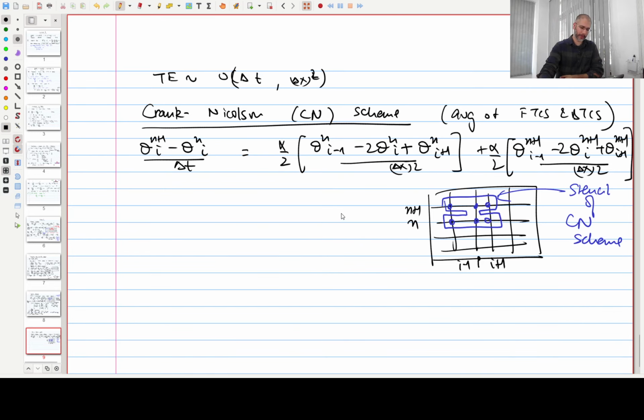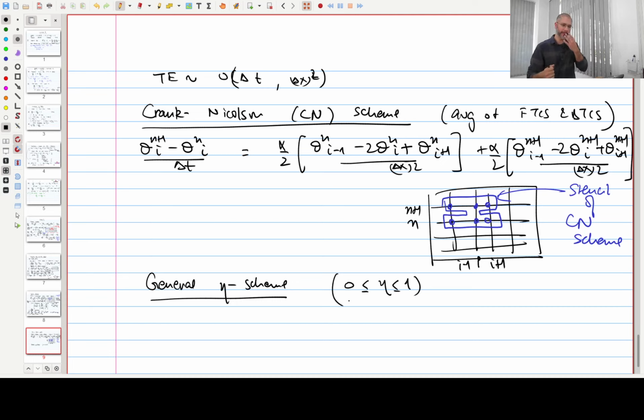Before I close, just one more minute on a general scheme. Many solvers will give you an eta scheme. Some call it the theta scheme as well, but theta is a variable that we are using for temperature here, so I will call it an eta scheme. So eta in this case is a parameter which varies between 0 and 1, so it's like a dial that you can tune to wherever you want to keep it.